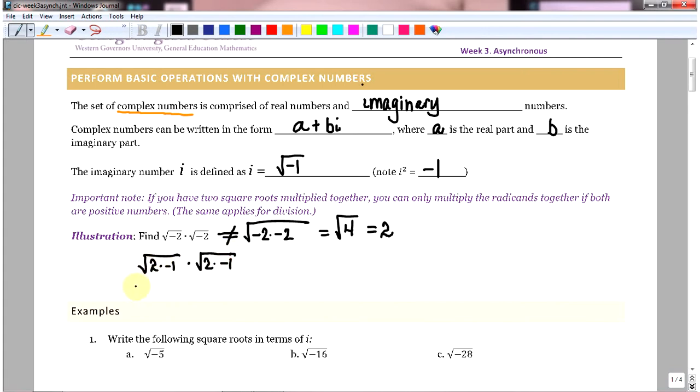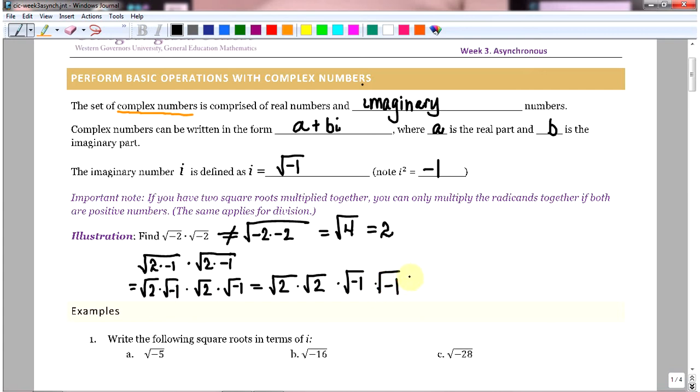This is the same thing as saying that we have the square root of 2 times the square root of negative 1 times the square root of 2 times the square root of negative 1. Okay, using the commutative property, we can change the order and do our square root of 2 times square root of 2 times square root of negative 1 times the square root of negative 1.